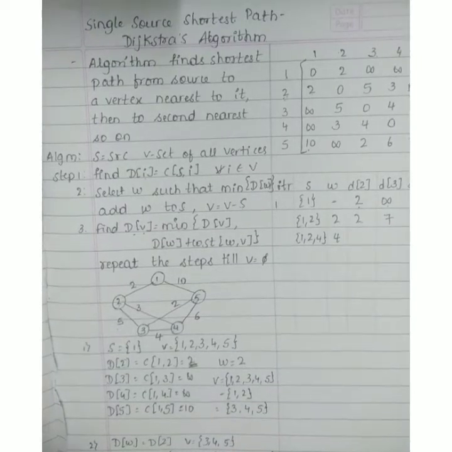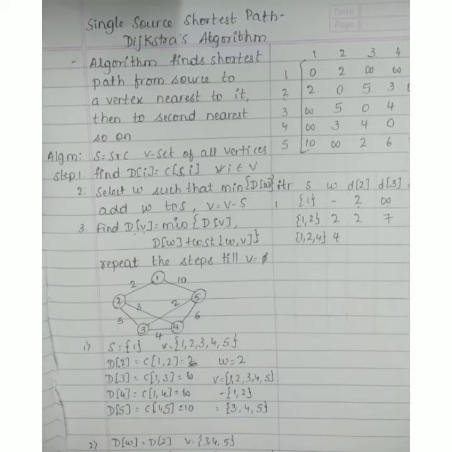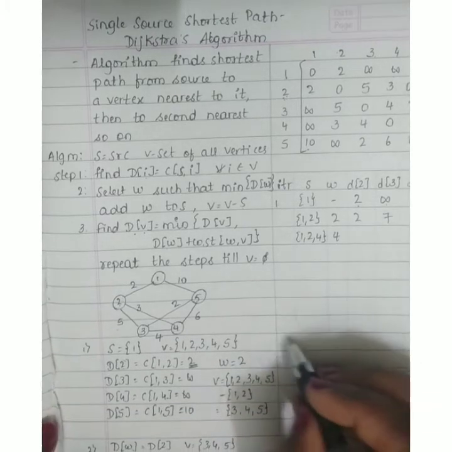So from this we will be removing 4. So it is 3 and 5. So here s is 1, 2 and 4, and we'll be removing 1, 2 and 4 from here. So 3 and 5 will be left out.